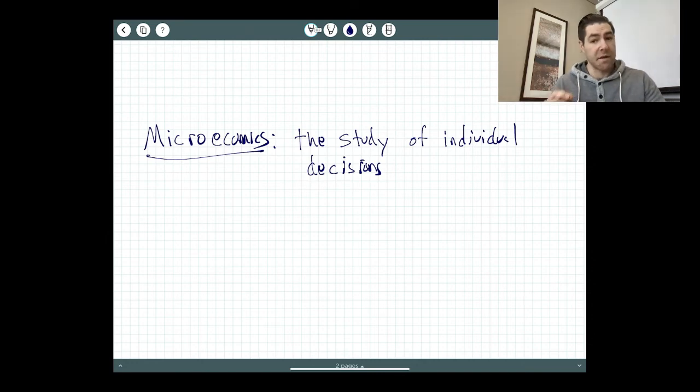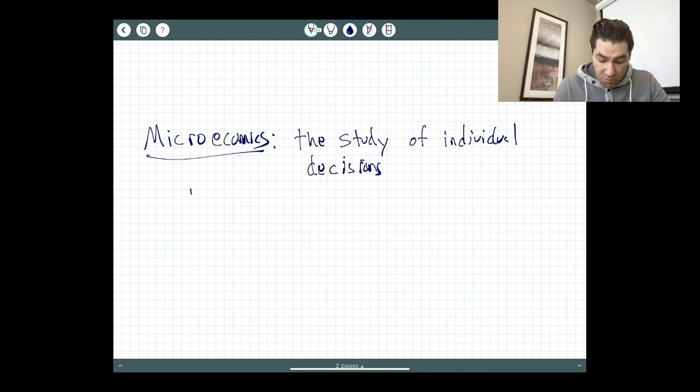Now, that could be a particular person. That's one way that microeconomics is done. I want to study how a person decides how much pizza to buy, or whether to have pizza or burgers, right? That would be a particular individual. And we also study individual units in the economy.